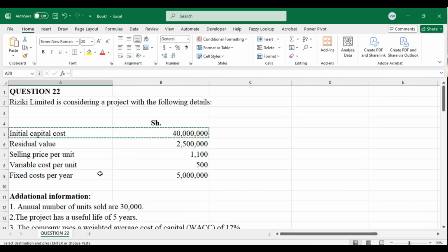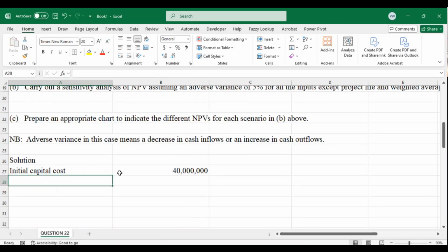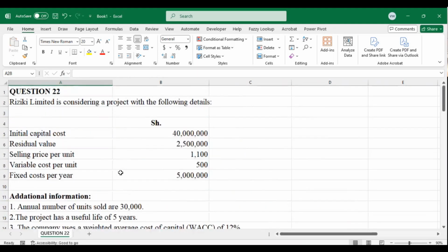And there is no other additional cost related to that capital. So we have to look and confirm that there is no other component of the initial cost. Remember, the initial cost is the cost at year 0. There may be other components of cost, but those may be affecting the net cash flow.